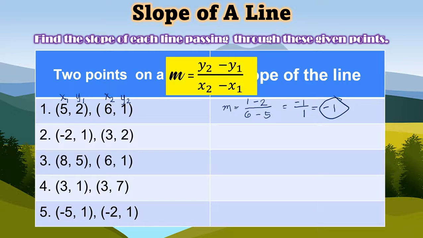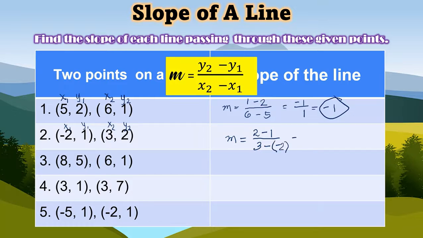What about number 2? Again, negative 2 is our x sub 1, 1 is our y sub 1, 3 is x sub 2, and 2 is y sub 2. By substitution, m equals y sub 2, we have 2, minus y sub 1, which is 1, and then x sub 2 is 3 minus x sub 1 is negative 2.